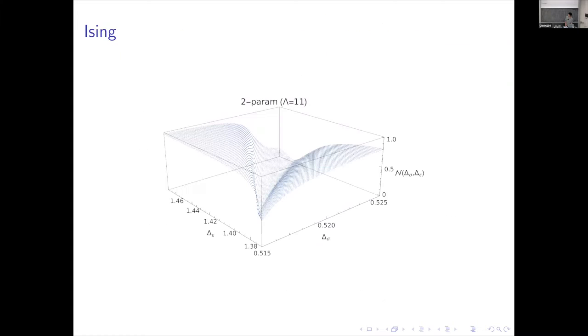And so this is it for the general construction. Now I can show you what this navigator function looks like.